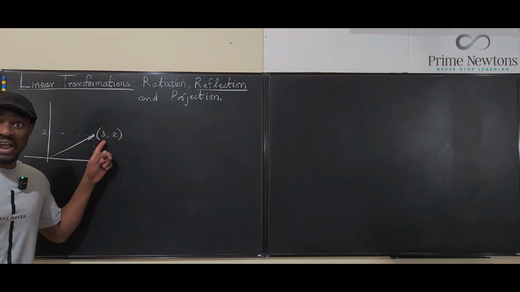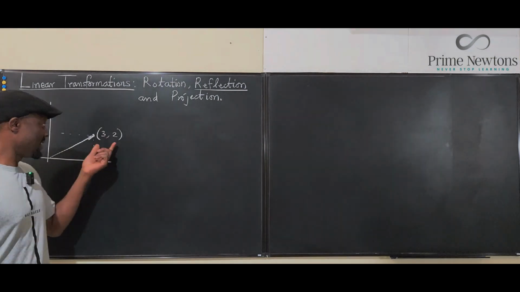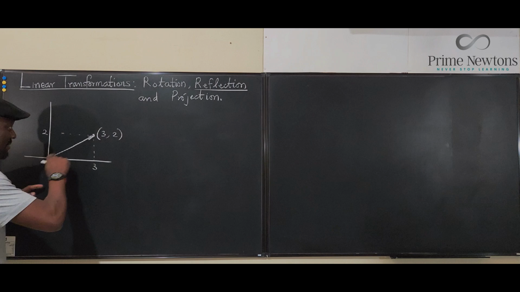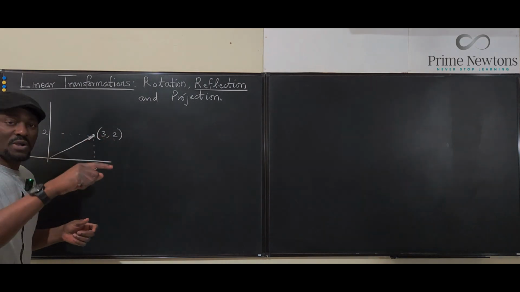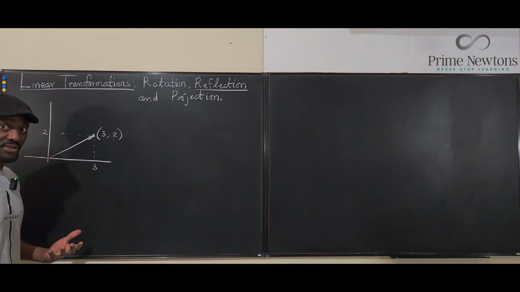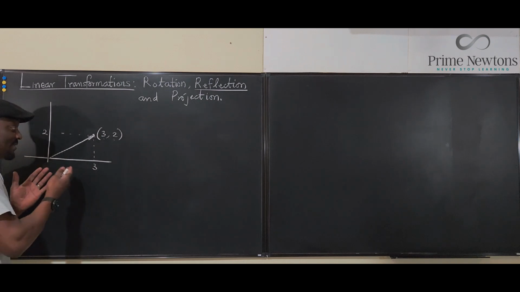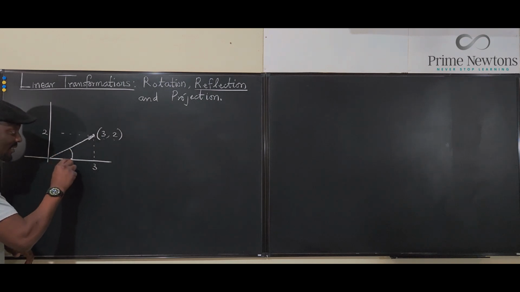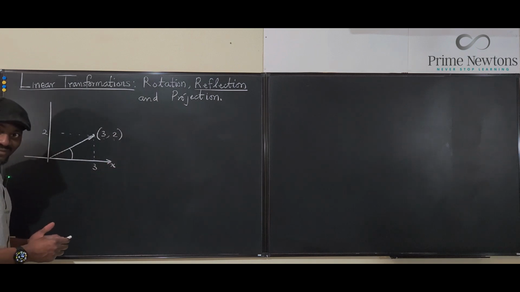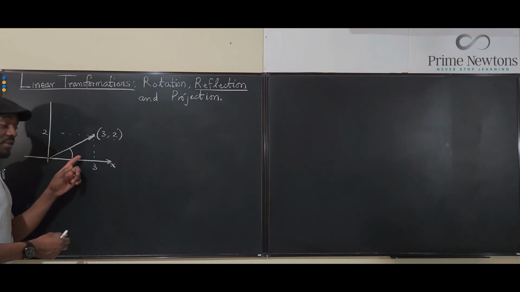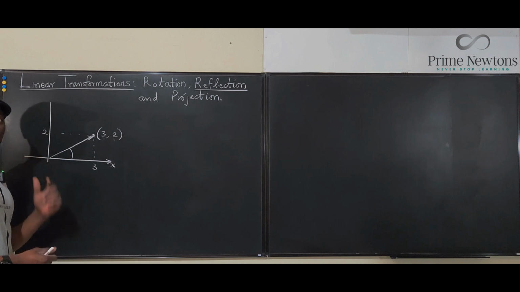This is how we write vectors, because this determines the length of the vector, the magnitude: this squared plus this squared, and you take the square root, that's how you know how long the vector is. And you can even tell the angle between the vector and the x-axis, and ultimately the angle between the vector and the y-axis.